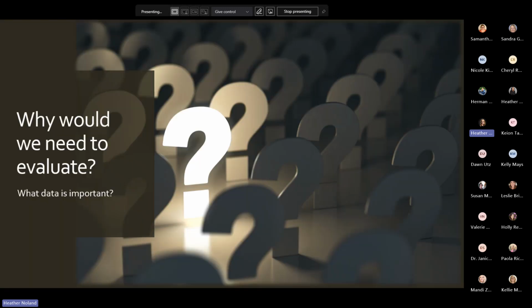So let's start off with a question. Why do we need to evaluate? Or you can take on the sub question, which is, what data is important to you? So you need to evaluate to determine if your learner was actually able to learn what you are sharing and to be able to take it back to their teams.